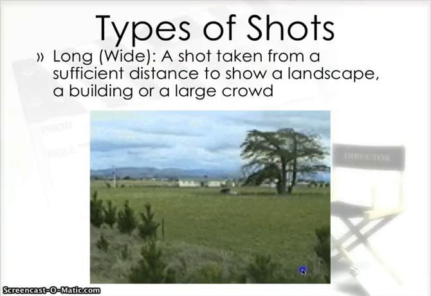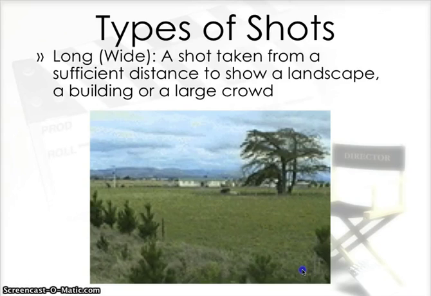Okay, when we talk about different types of shots, it's important to know to the untrained eye that this just happens and it creates a great effect in the first place. But once you see this, you'll be able to notice a lot more when you watch a movie how many shots are used in each individual scene. The first type of shot is called the long or wide shot. It's a shot taken from a sufficient distance to show a landscape, a building, or a large crowd.